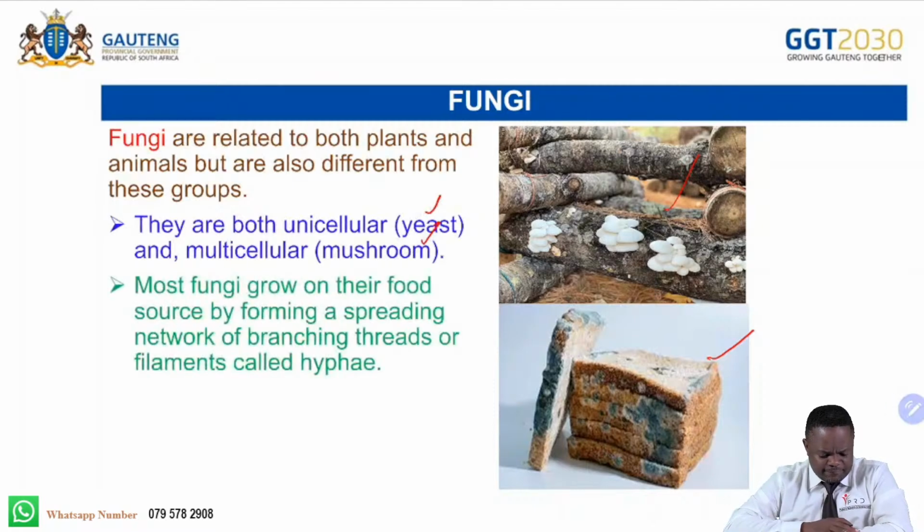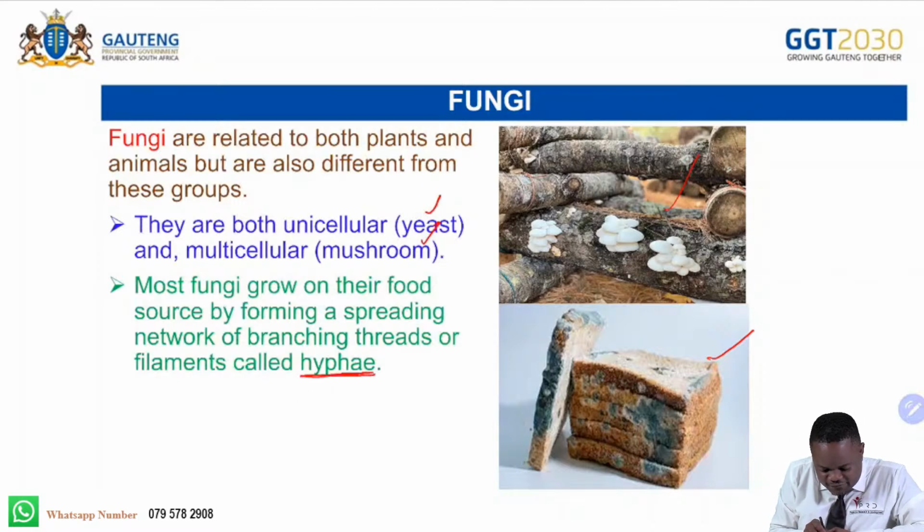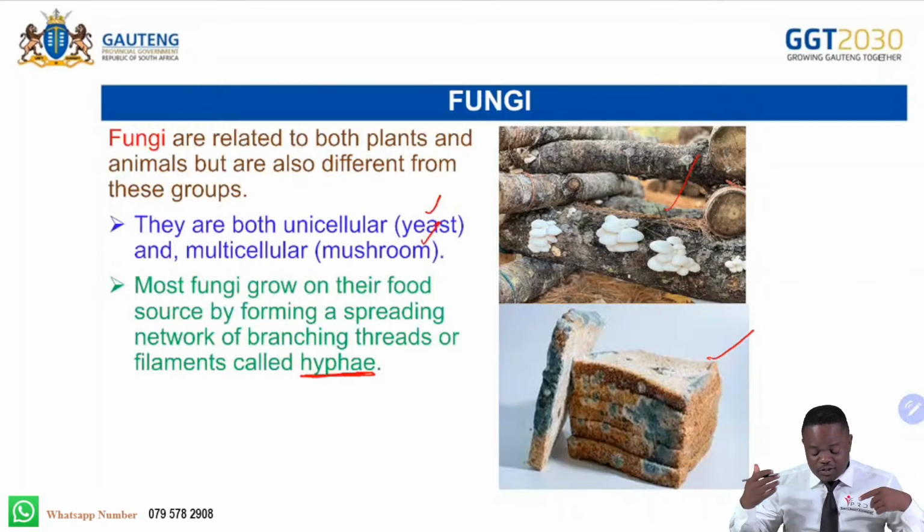Most of the fungi grow on their food, on their food source. And what do they do? They form a spreading network of branches. We have seen that when molds form on our bread, isn't it? You see that they form that spreading network of branches, and we call that network of branches hyphae. You can take note of that word, hyphae. This is one word which you can be singing today, so that you remember.